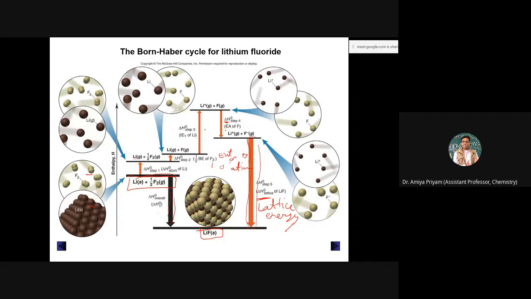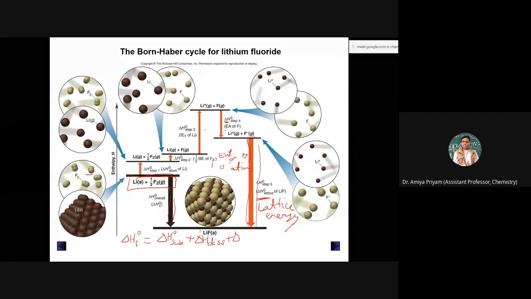So delta HF naught should be equal to delta H of sublimation plus the second step, delta H of dissociation, plus what? Delta H ionization, plus what? Delta H electron gain.